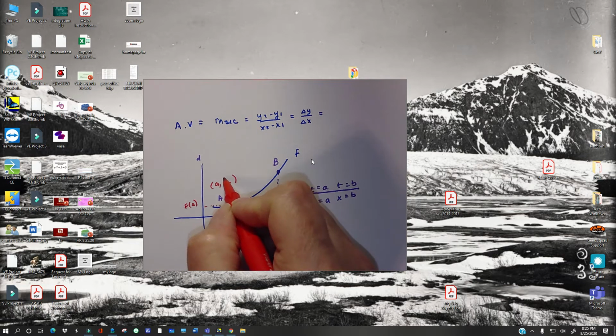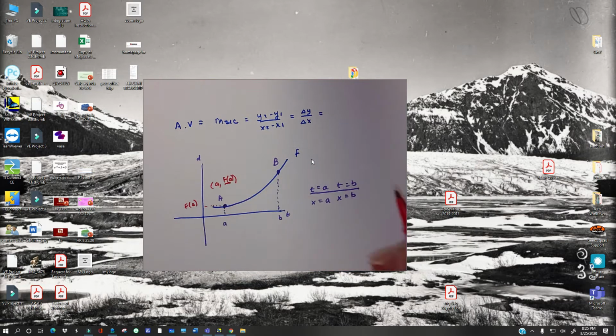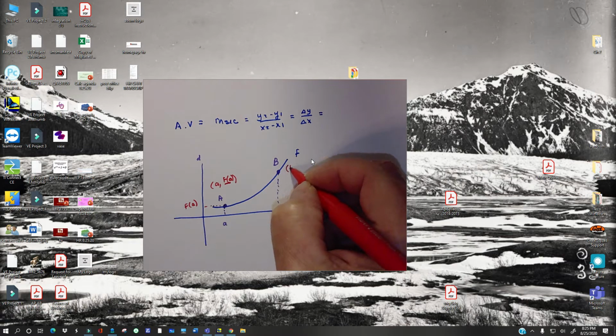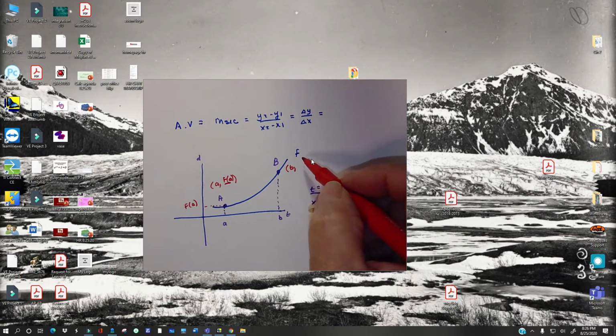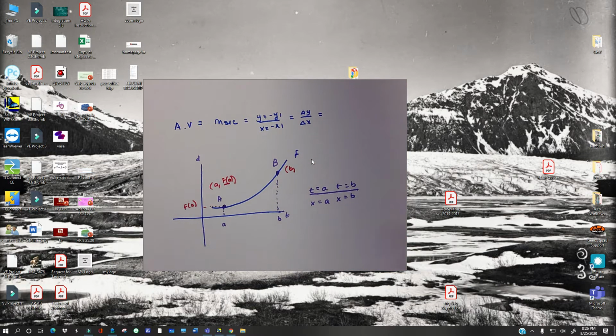I get whatever f of a happens to be, right? And over here, the x coordinate is b, and remember, this is f of x, right? So if I plug a b in for the x here, then my output value is f of b. Again, that's just the height of the function.